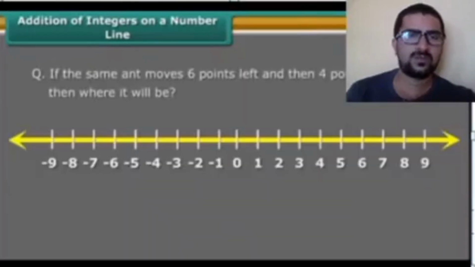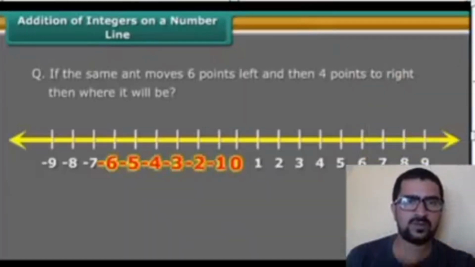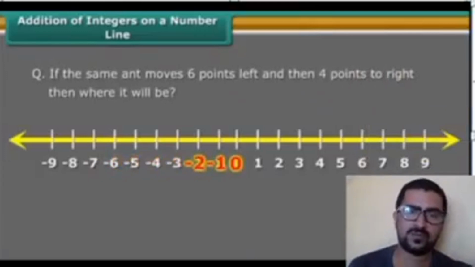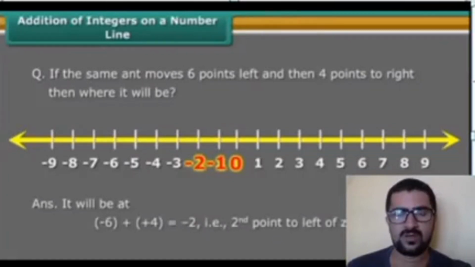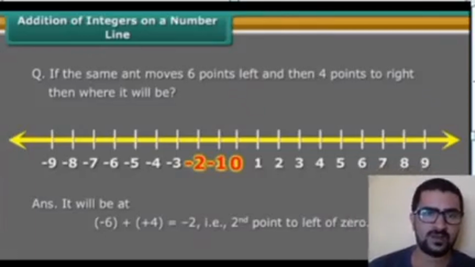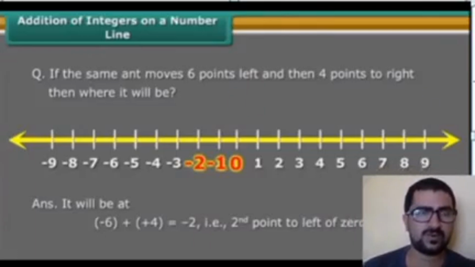If the same ant moves 6 points left and then 4 points to the right, where will it be? It will be at minus 6 plus within brackets plus 4, which equals minus 2. That is the second point to the left of 0.